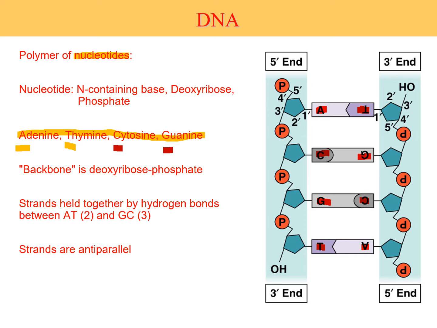The backbone, it's referred to as a backbone, refers not to the nitrogen bases, which are like ladders, steps across, but refers to the second and third part of the nucleotide, which is the deoxyribose, a carbohydrate group, and a phosphate.